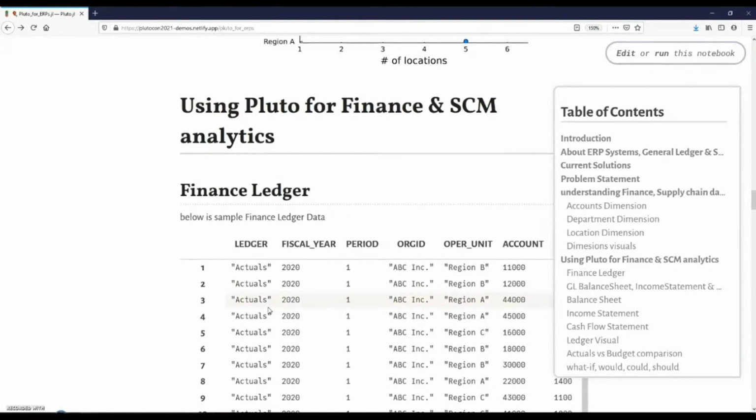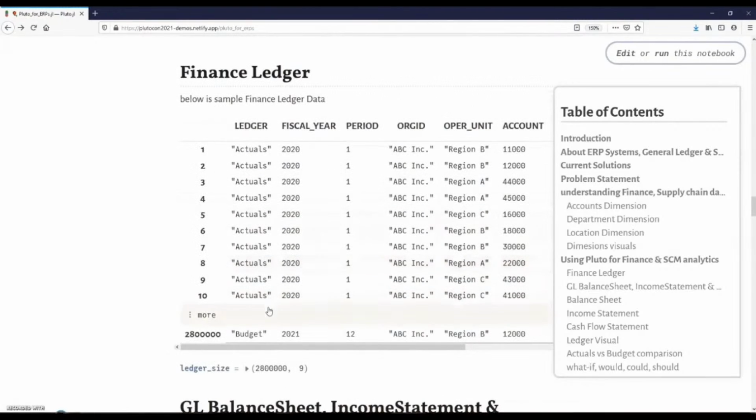I'm not going to compare Oracle Analytics or Pluto with them. What I'm doing here, we have to deal with at least 30 to 40 million rows just to create one simple report. So one thing I must admire, Julia is known as a programming language which is built to handle big data.